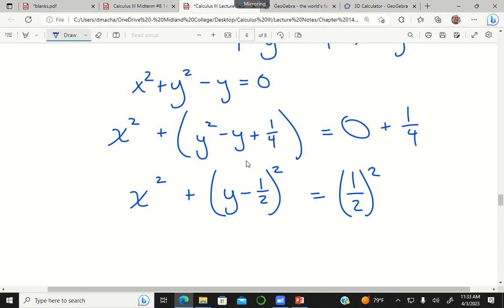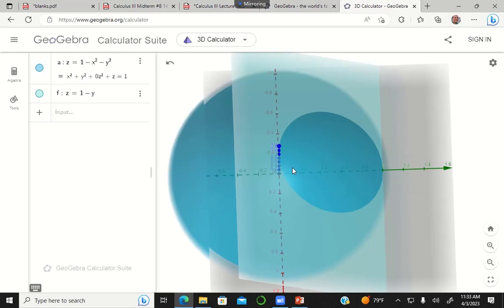Okay, so now this is actually the equation for a circle with radius 1/2 and center at the point (0, 1/2). Lots of stuff to remember back from algebra from that problem here.